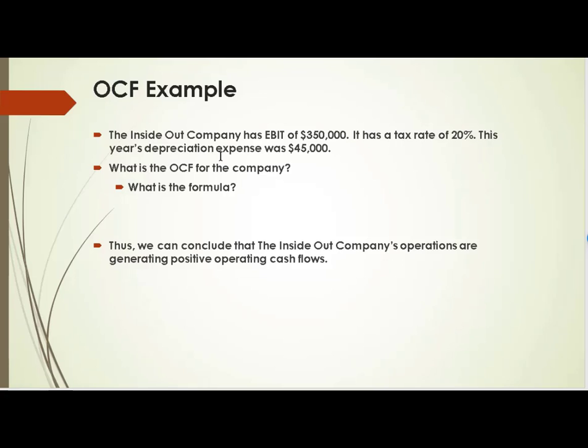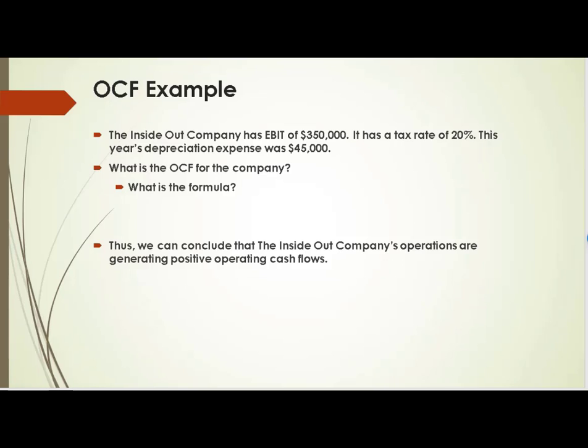So the Inside Out company has $350,000 in EBIT. It has a tax rate of 20%, and this year's depreciation was $45,000. So what was the operating cash flow of the company? Well, you have 350,000 times 1 minus T, right? So 80% of 350,000 plus 45,000.